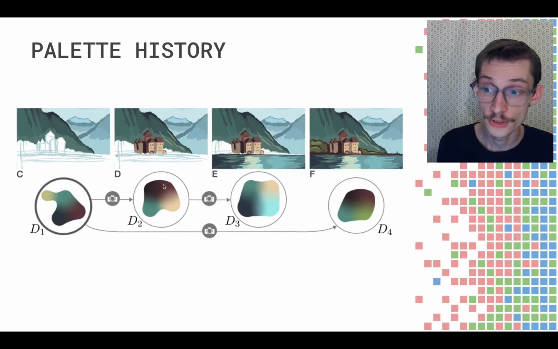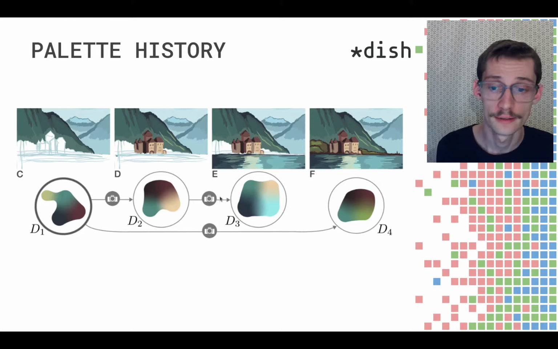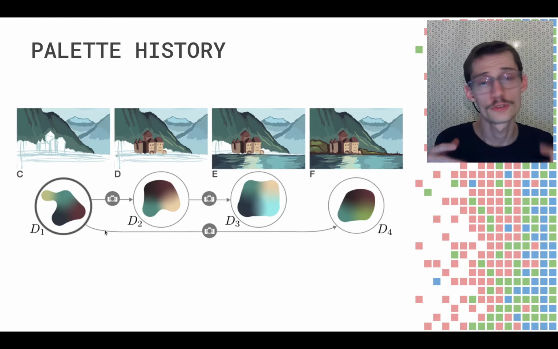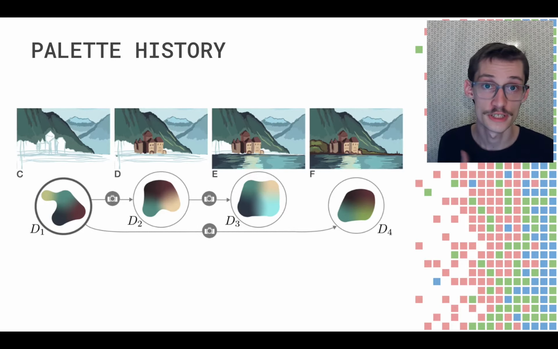And again, in D2, the brown is removed and replaced by another color, and a new palette gets created. You could see how these tree-like structures develop as you change the dishes in your palette.